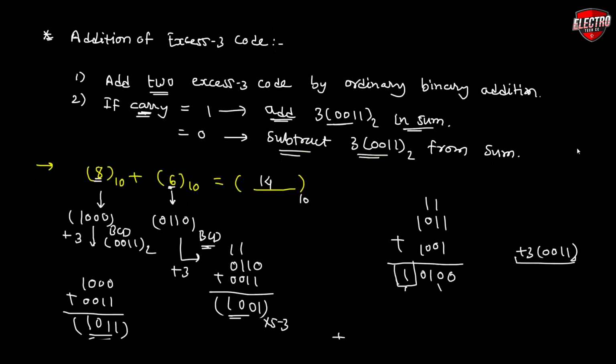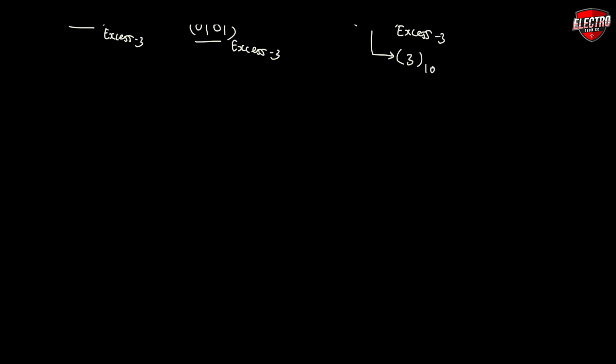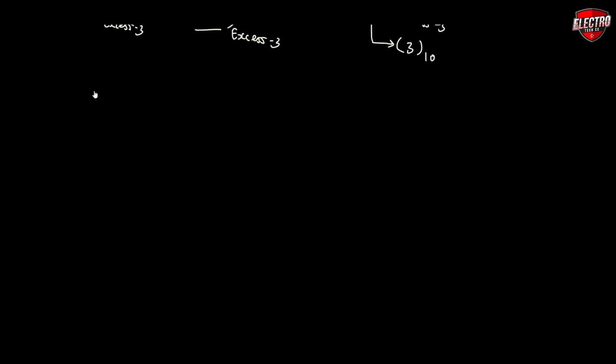And the next process is Excess-3 subtraction. To subtract two Excess-3 numbers, we first have to take the complement of the second number.